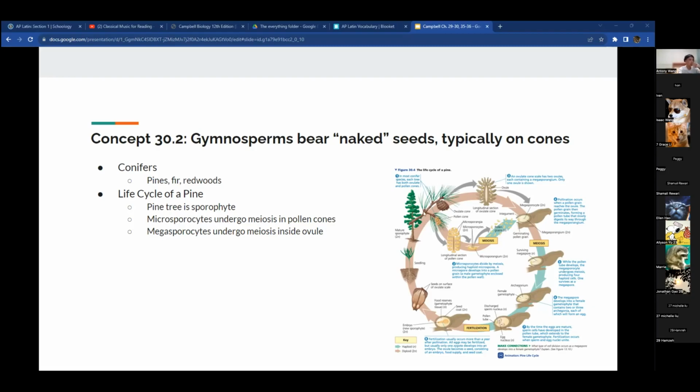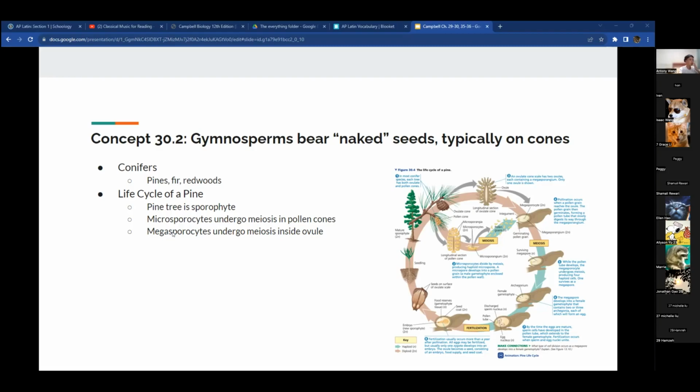Here's the life cycle of a pine. The pine tree, the actual big tree that you see, is called the sporophyte. It's the diploid structure. And on the tree develop cones that serve for reproduction, right? So the cones are split into, I guess you can think of them as male and female cones, but each tree will produce both types of cones.